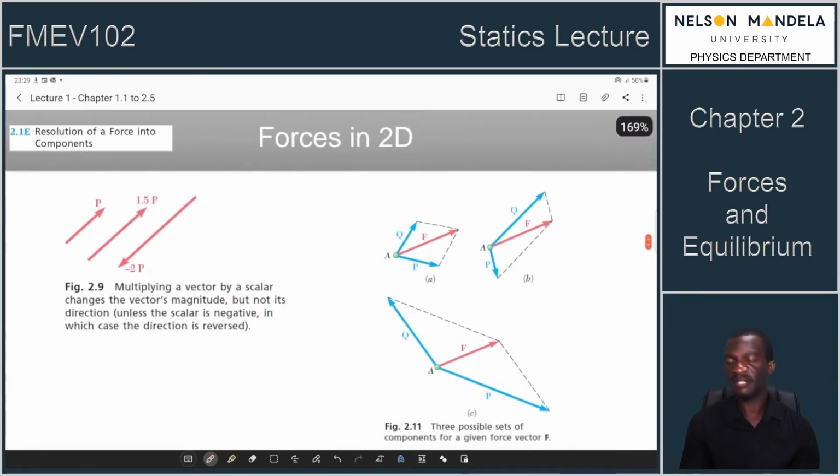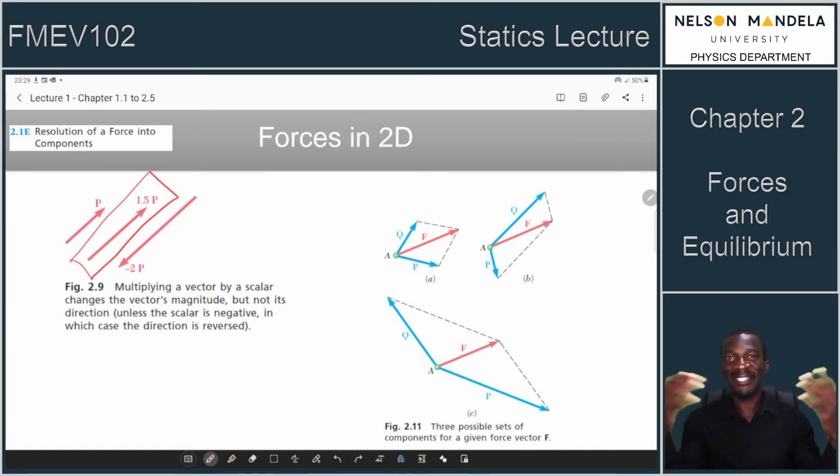So this last page on forces in 2 dimensions is basically encouraging you to study how to resolve forces into components. You've done that, you know this inside out. The first basic principle is the scalar component. So if you've got a force, P for instance, and you multiply it by a scalar, it's simply going to become scaled to the size of the what?